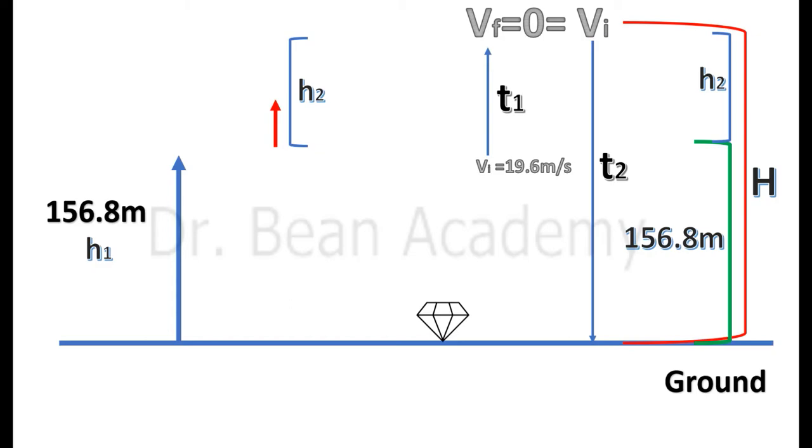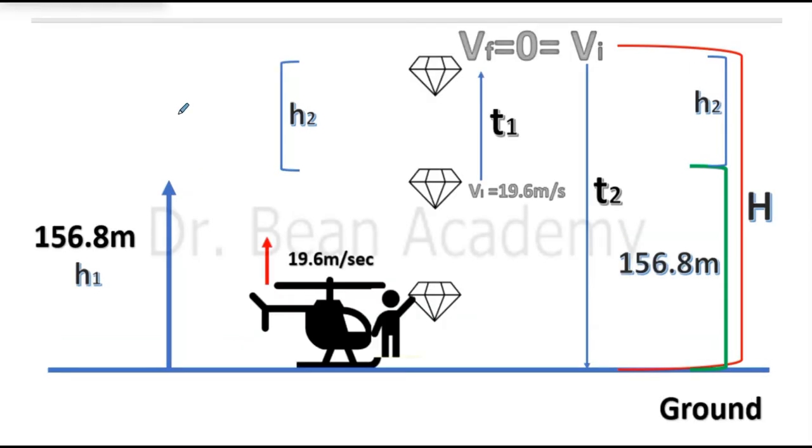So let's go back to the solution and we can solve it now. Let's solve the question. Before we go to the solution, let's see what the upward motion is. I told you the upward motion started from this point, which was 156.8 meters from the ground, because we don't care about the motion before that, since at that time it was not free.